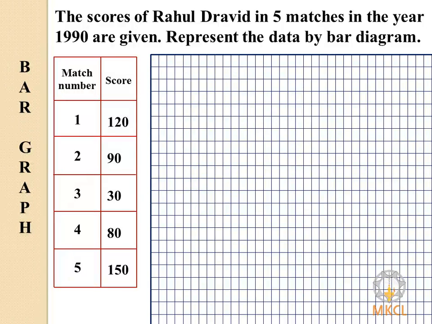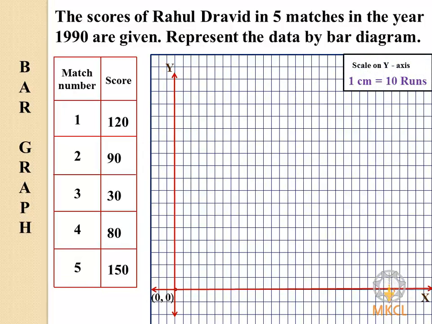This is a graph paper. First we draw the x-axis and y-axis. The point where the x and y-axis intersect is denoted by the symbol (0, 0). Now we take scale on the y-axis as 1 centimeter equals 10 runs.